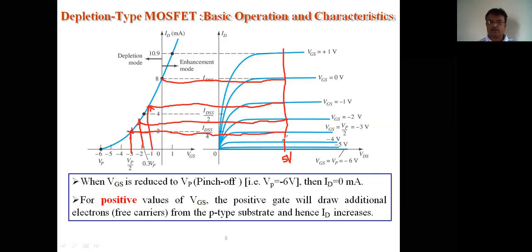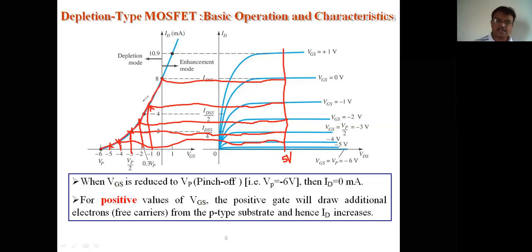VGS is equal to minus 4, draw a horizontal line which meets at VGS equal to minus 4. Similarly, minus 5, VGS is equal to minus 6, it is pinch off, the 0. Now join all these points to get the transfer characteristics.